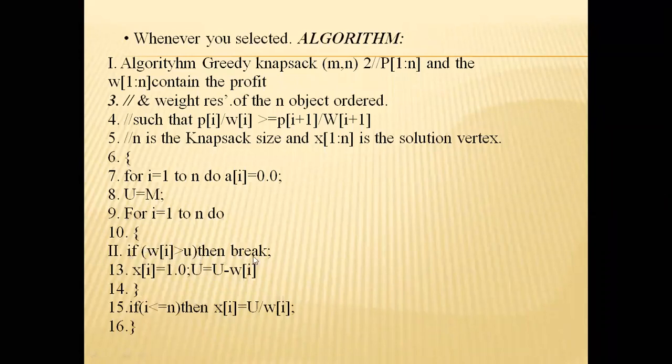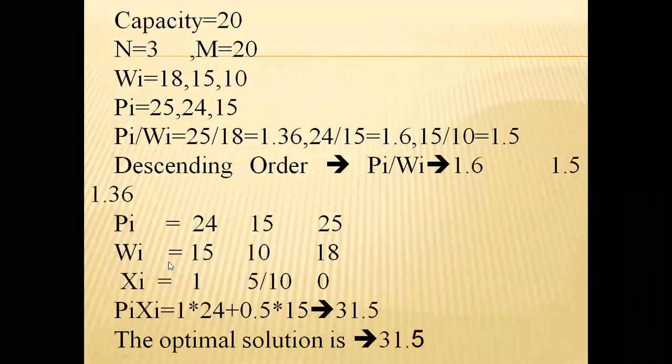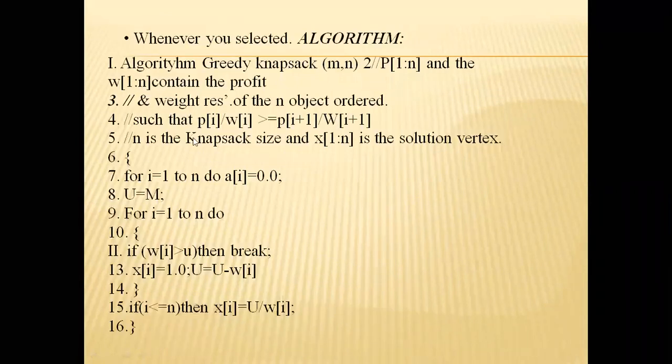Suppose W of i is greater than U, then break. Otherwise X of i equals 1.0 and U equals U minus W of i. That is, after placing the object, the remaining capacity is deducted from the capacity of the knapsack.